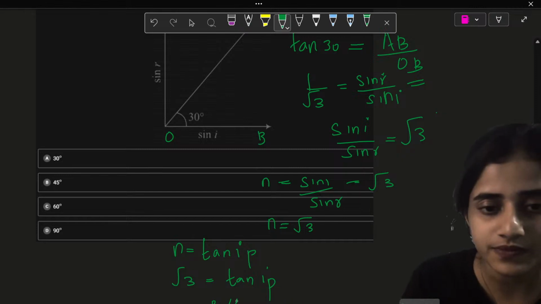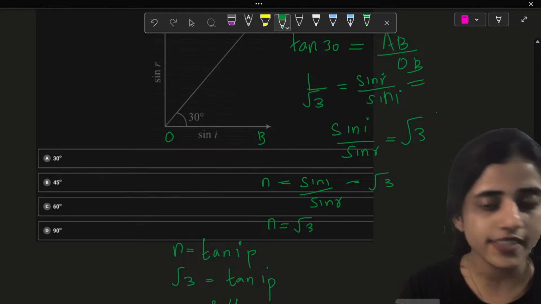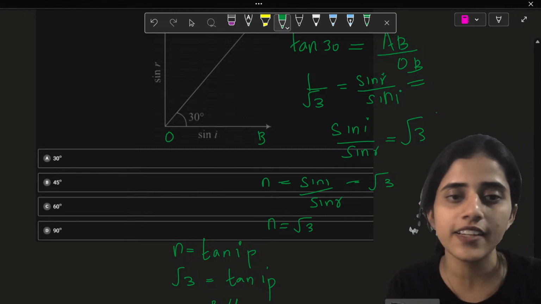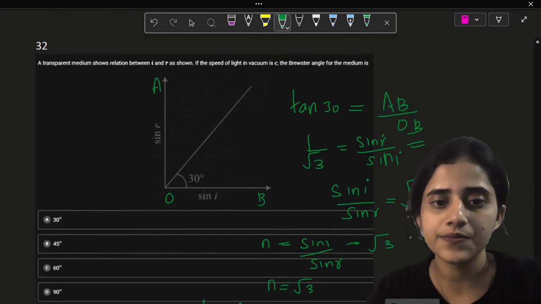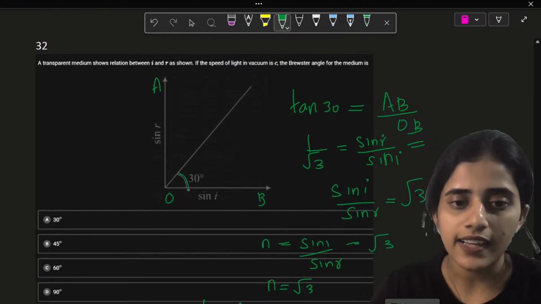Are you all getting it? All those who are getting 60 degree, can you please put a thumbs up in the chat? Okay. Is this clear? So this angle is 30.